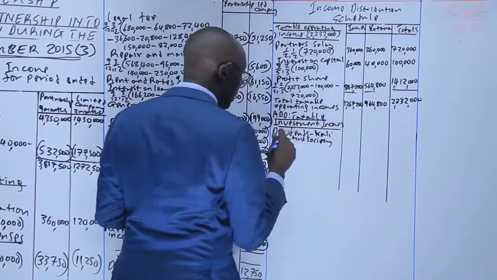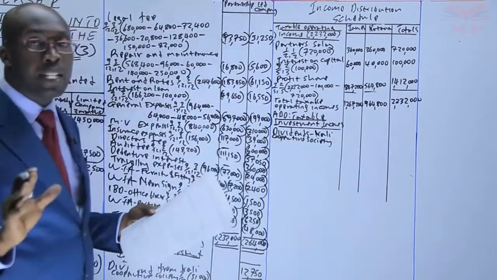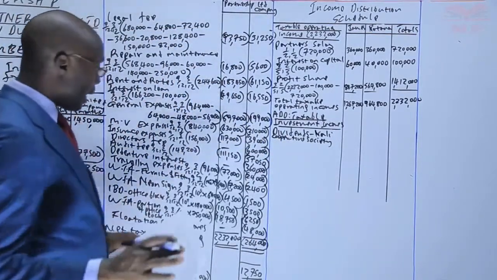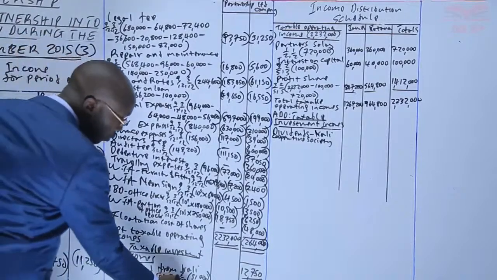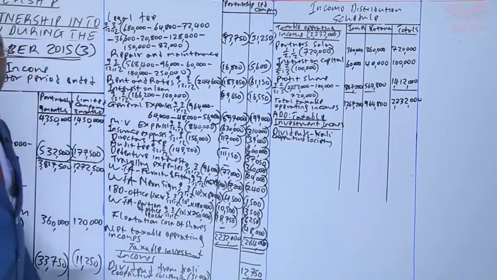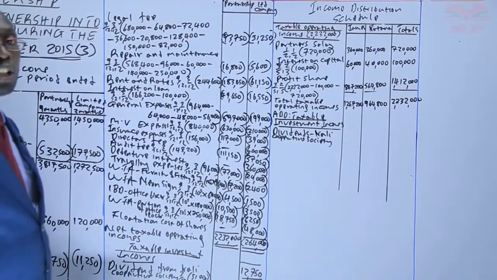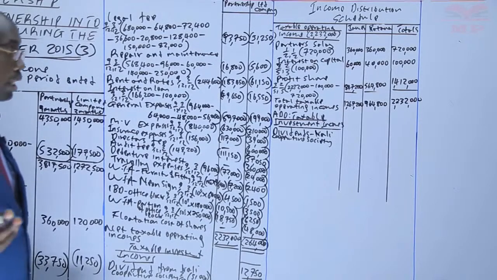Remember that the dividend is for the whole year, and that's why we took the 3/12 for the company. So the other remaining 9/12 is the one that belongs to the partnership, and now we share according to the profit sharing ratio.